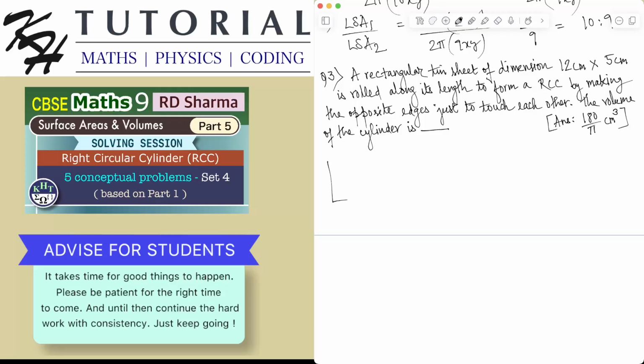So let's say this is the rectangular sheet, and this is the width, breadth, and this is the length.